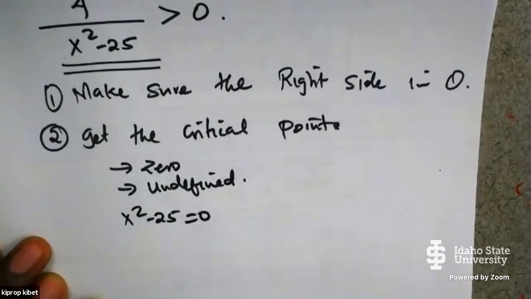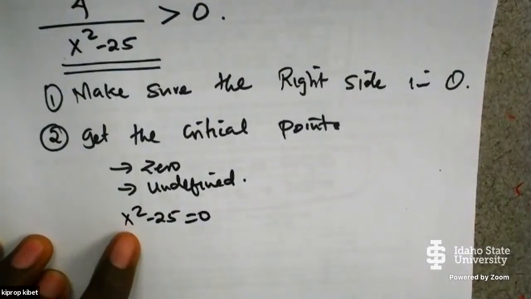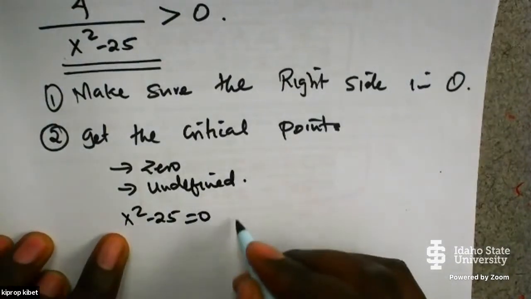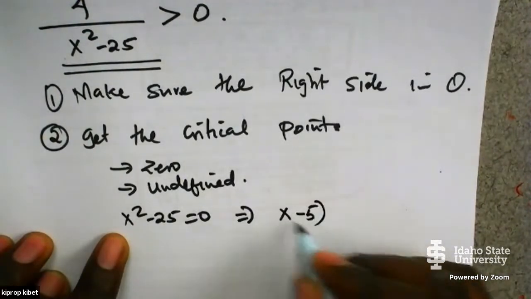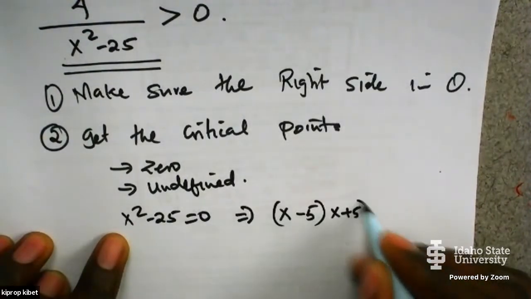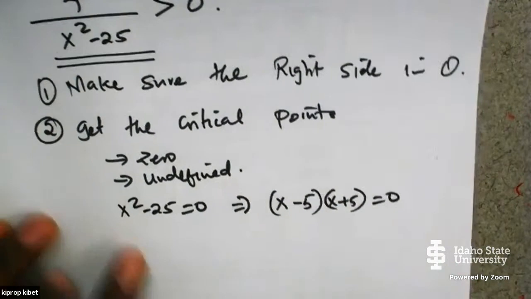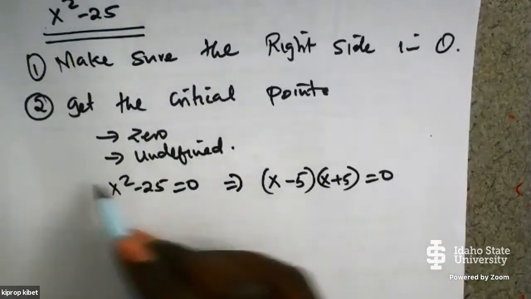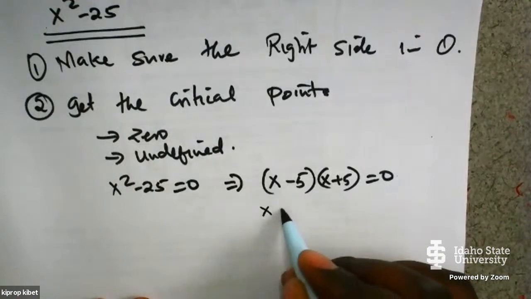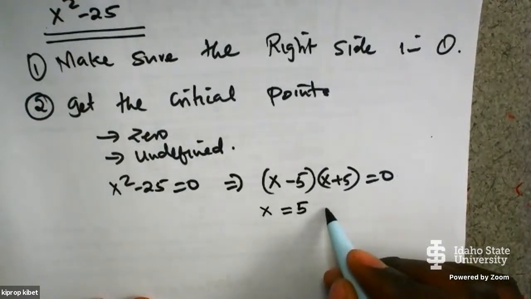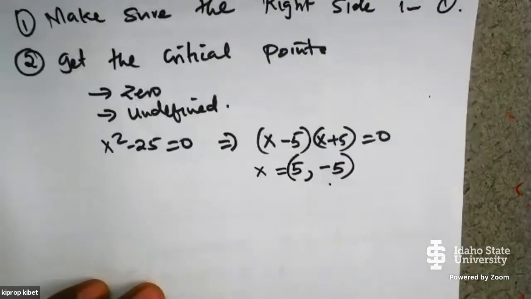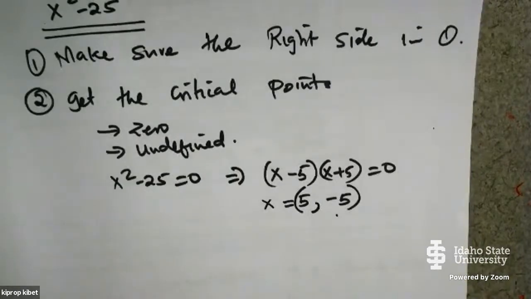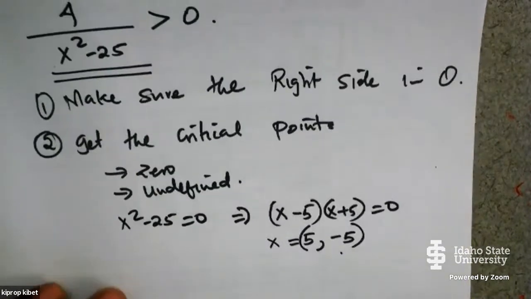So this is similar to x minus 5 times x plus 5 equals to 0. So the points where this would be undefined are x equals 5 and x equals negative 5. Okay? So those are the points where they are undefined.